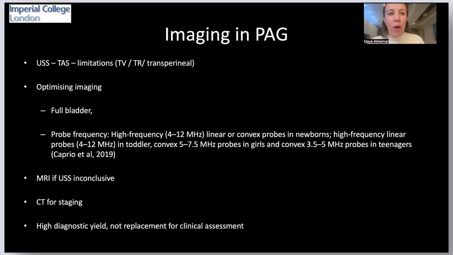For example, an MRI in a neonatal child may require sedation. It's also highly reliable and has a high diagnostic yield in expert hands, but of course it does not necessarily replace the importance of clinical judgment and assessment.